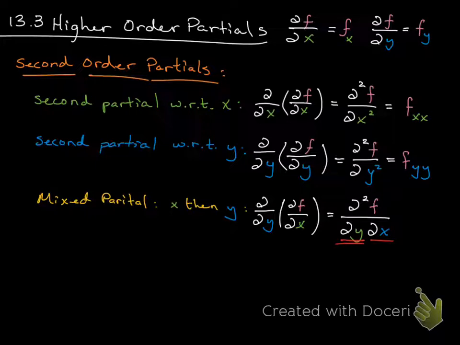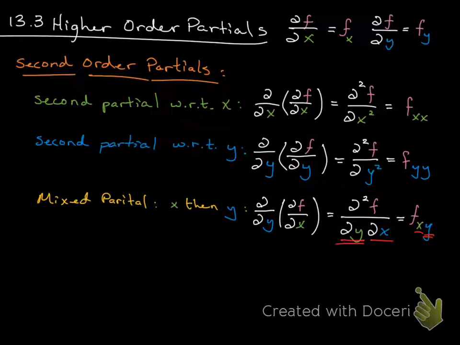In the subscript notation, this would be f subscript xy. So in this notation, things make a little more sense. And actually, I mixed up the colors here. I apologize. But x should be in green there. There's your order. I took a partial with respect to x and then a partial with respect to y.